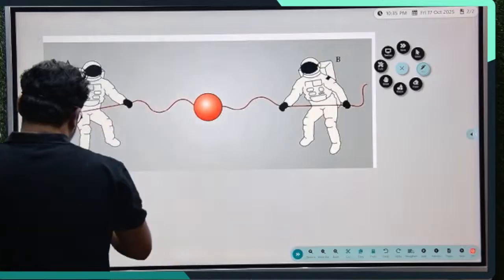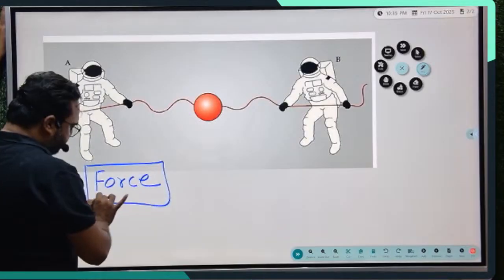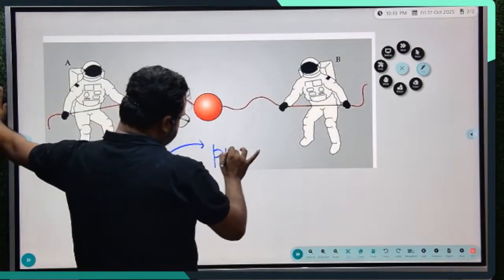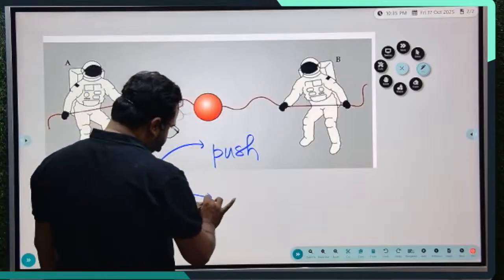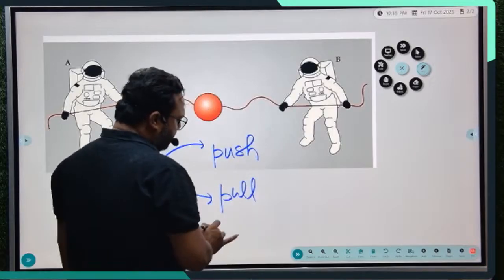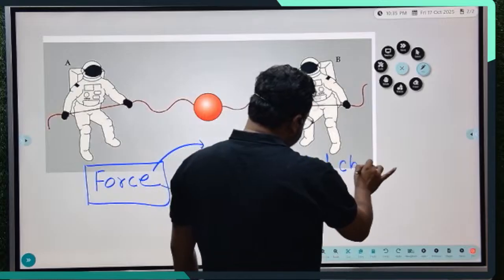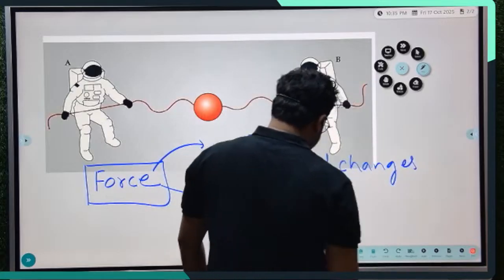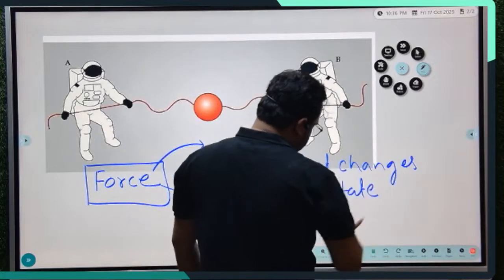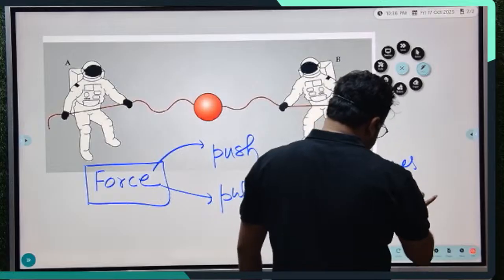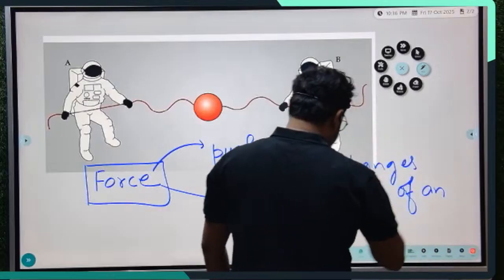Force. Force is defined as push or pull that changes the state of an object.